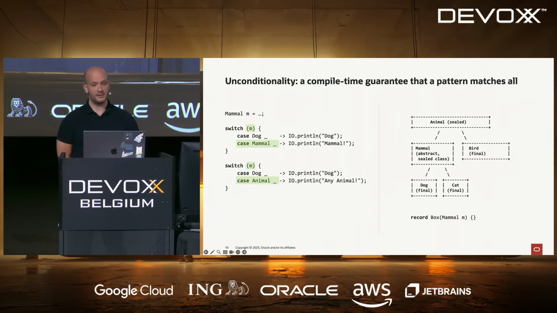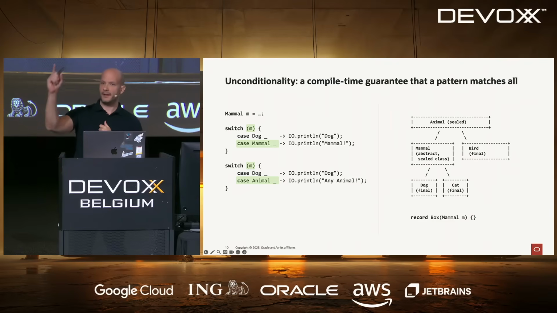The first one got a mammal, like the previous example, right? And then it has a case mammal, so this is an unconditional pattern. It will match always. And the second includes the case animal as its last pattern, and every possible value is matched as well, okay? Since every mammal is also an animal using the widening reference conversion. So such conversion can also never fail.